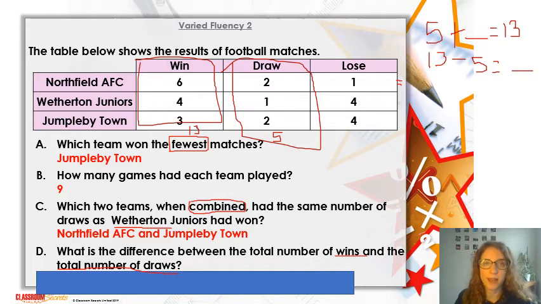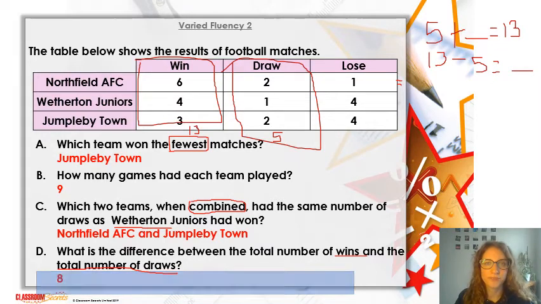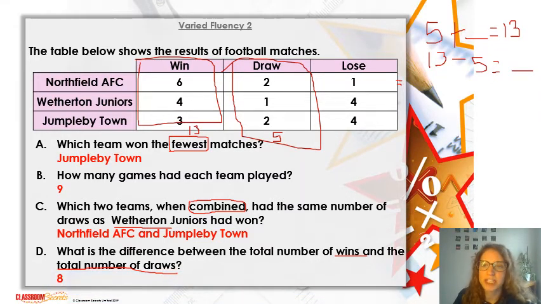So work that out and let's have a look. Okay, so 13 take away 5 gives us 8, and you can count on as well. So you can start with 5 and stop when you say stop at 13. So 5, 6, 7, 8, 9, 10, 11, 12, 13, and that does give us 8. Okay, so you can do it either way. Let's have a look at our next one.